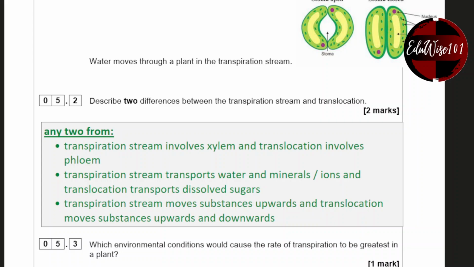So, transpiration stream involves the xylem and translocation involves the phloem. Transpiration stream transports water and minerals and ions, and translocation transports dissolved sugars. Transpiration stream moves substances upwards, and translocation moves substances upwards and downwards, in both directions.